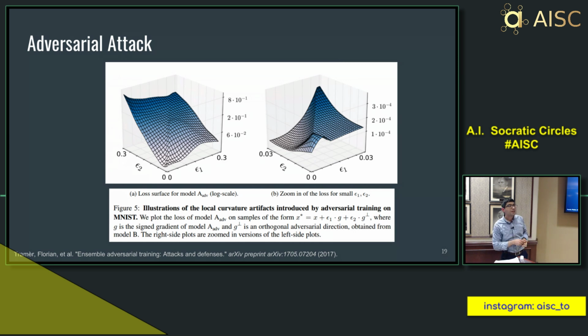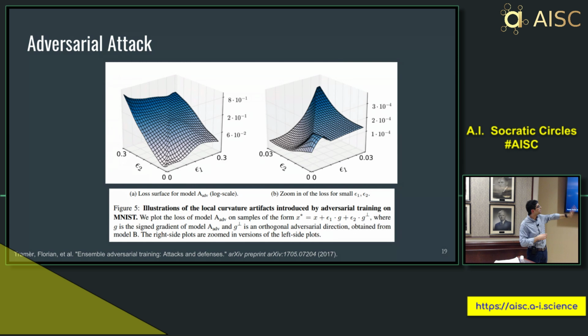Sorry, dumb question. Can you just elaborate on this? In this graph, if it's white, is it closer to the optimum classification, and if it's blue, then it's further away? Is that correct? Yes.